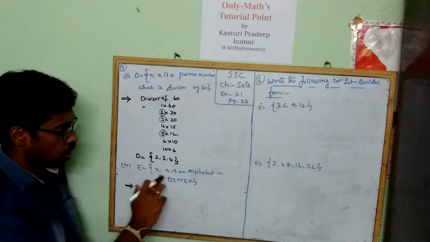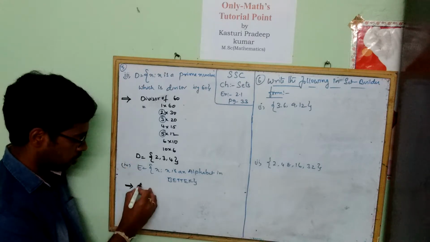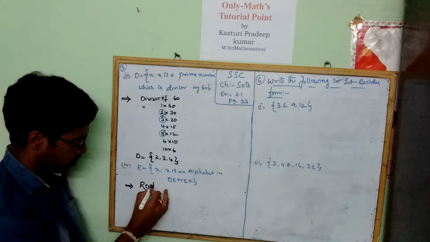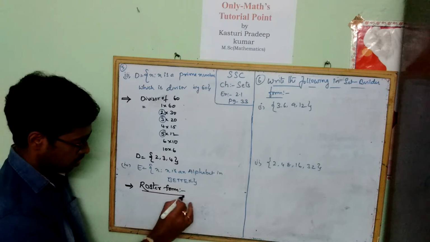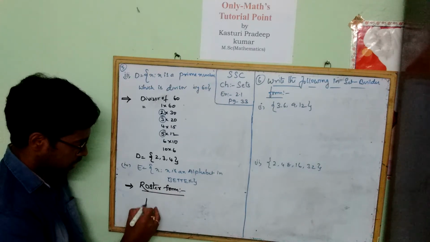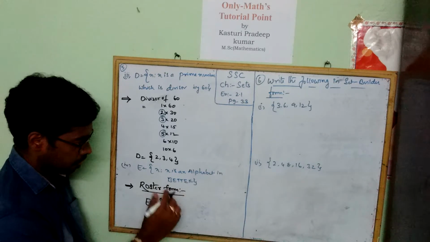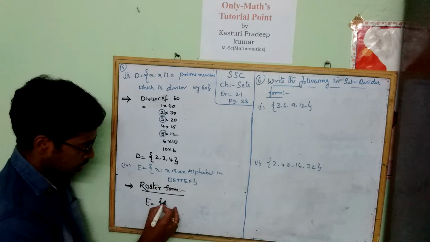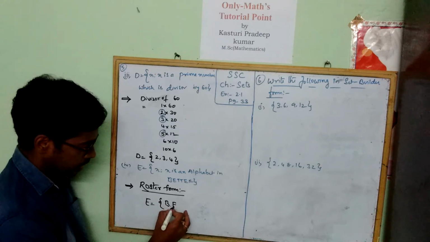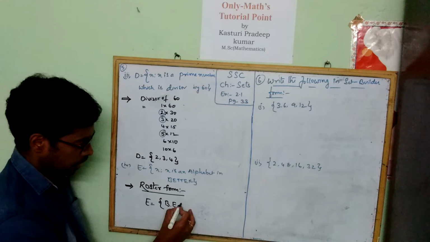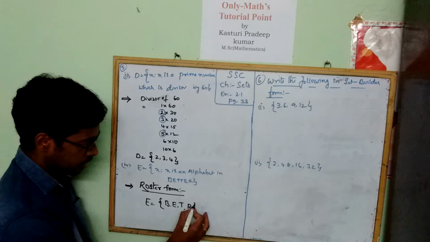Okay guys, so how to represent the given statement into roster form? So set E equal to open brackets, B is a letter, E is a letter, T is a letter, A is a letter.